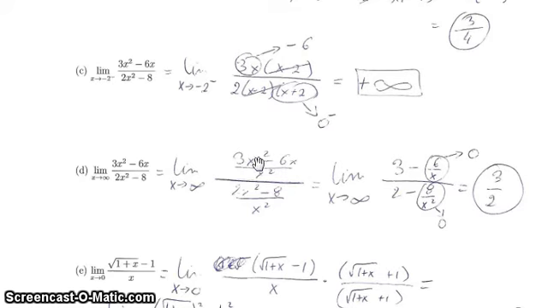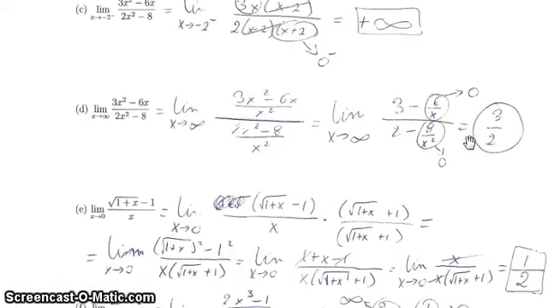And after you split these rational expressions and simplify each, you get 3 minus 6 over x, and then in the denominator 2 minus 8 over x squared. So these little expressions 6 over x and 8 over x squared approach 0 as x approaches infinity, which means that our limit is going to be 3 minus 0 over 2 minus 0, just 3/2.